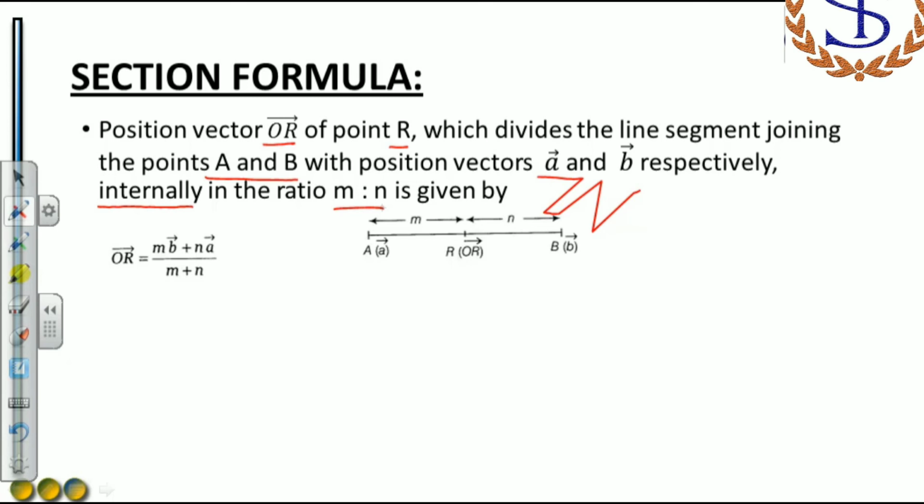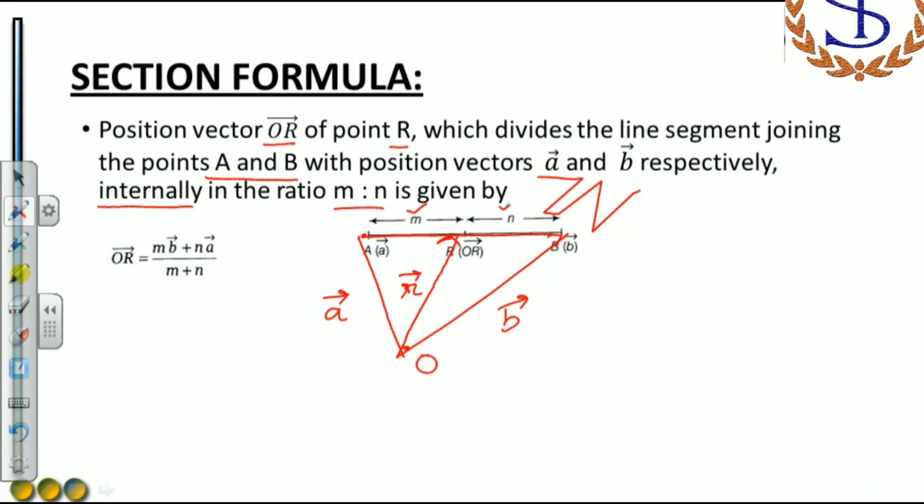Very simple. Suppose here is the origin and this is the point A. The position vector of this point A, let it be A vector. The position vector of this B, let it be B vector. And we have to find this R vector, which divides AB in the ratio m:n.